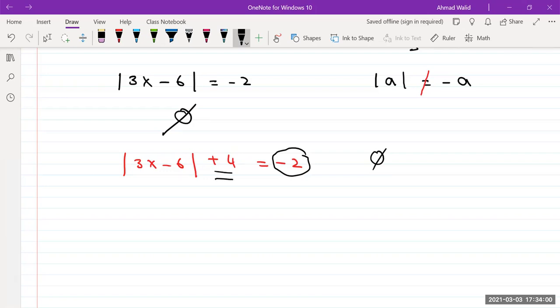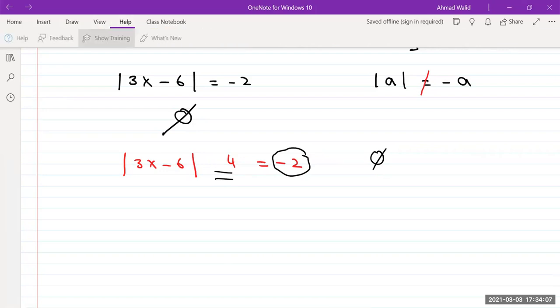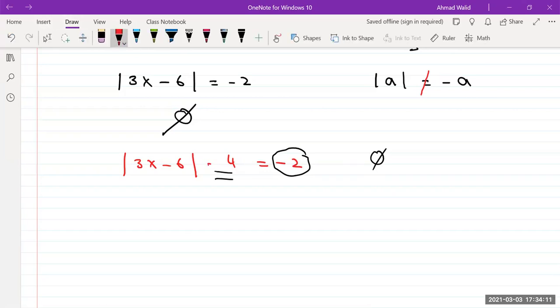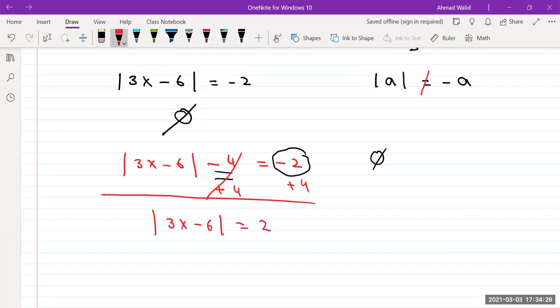First, you have to simplify, correct? Let me change the sign even to negative, like this, minus 4. If you simplify, what will happen? Look, if I add 4 to both sides, these two cancel out, then I'll end up with absolute value of 3x minus 6 equals negative 2 plus 4, 2.